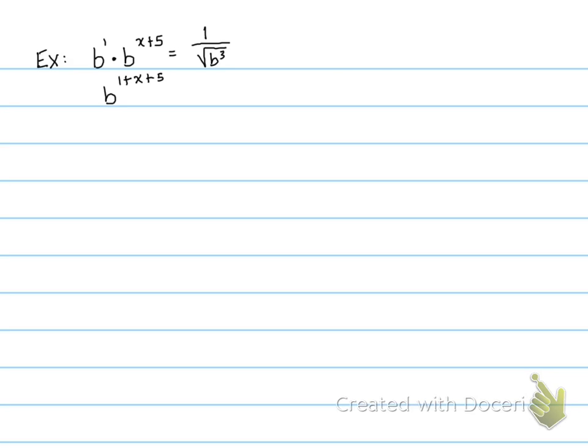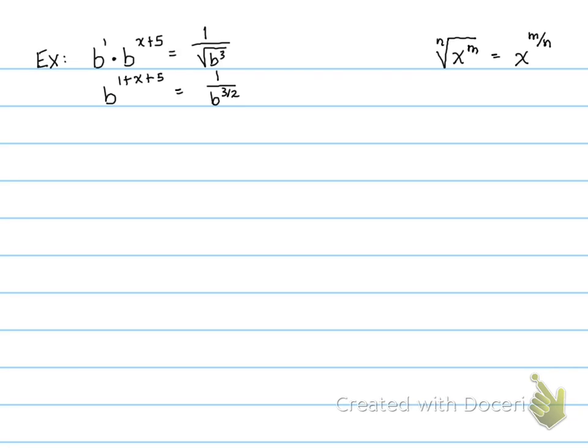So remember that rule that the nth root of x to the m is equal to x to the m over n. So radicals give us fractional exponents. So this is the same as 1 over b to the 3 halves, because that's the square root, which has index 2, which is the same as raising it to the 1/2 power.